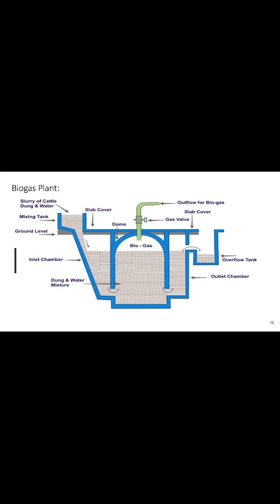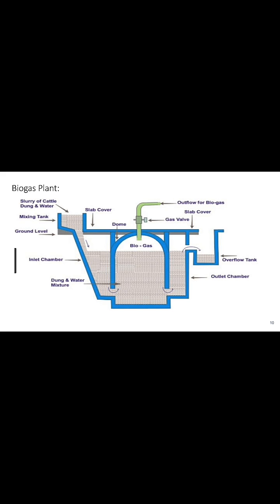It is covered with a dome-shaped roof, both made of bricks and cement. The dome of the digester is fixed so that it acts as a gas holder for the biogas produced. At the top of the dome, there is a gas outlet pipe and a gas valve.